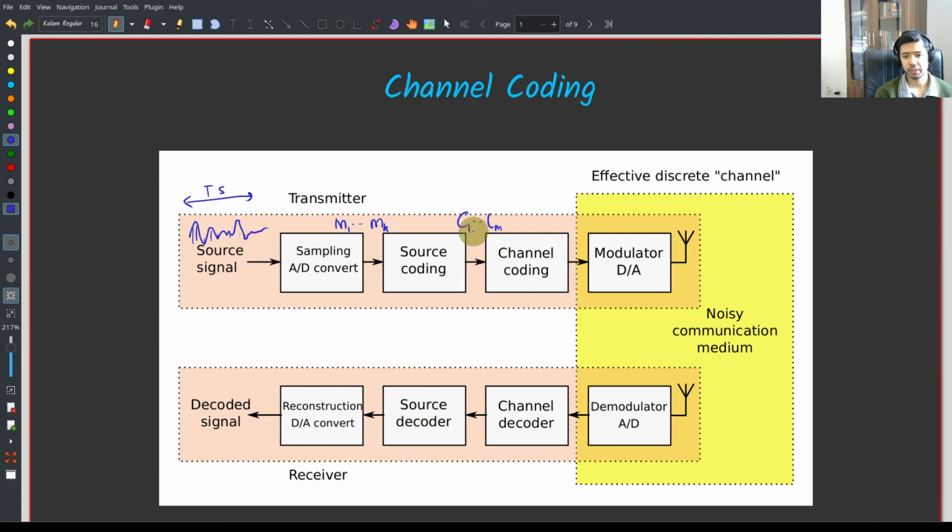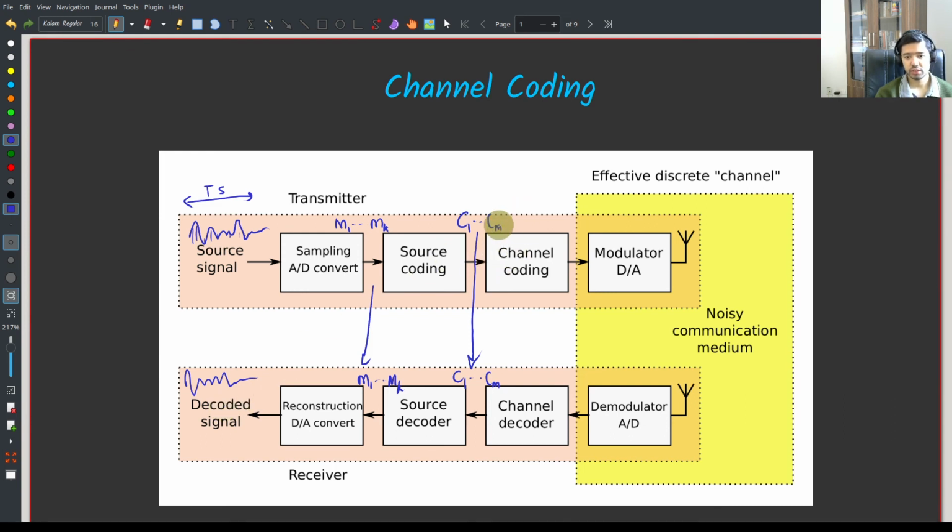Before that, the compressed sequence, assuming that everything went well, at this stage you should have C1 to Cm. At this stage you should have M1 to Mk, and then you get back the decoded signal, which hopefully looks or sounds like the source signal.